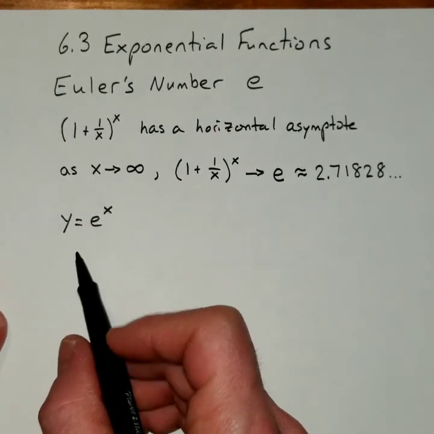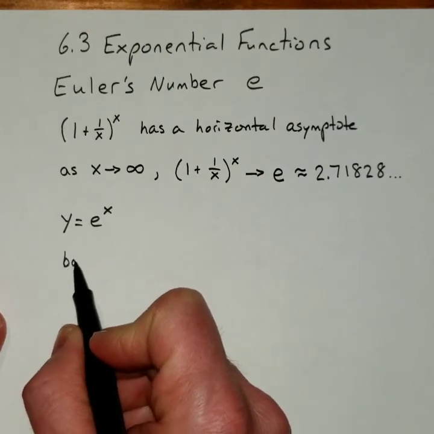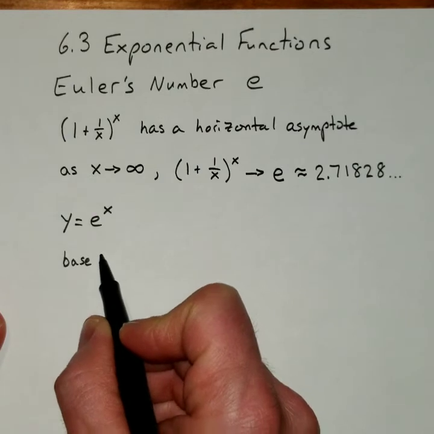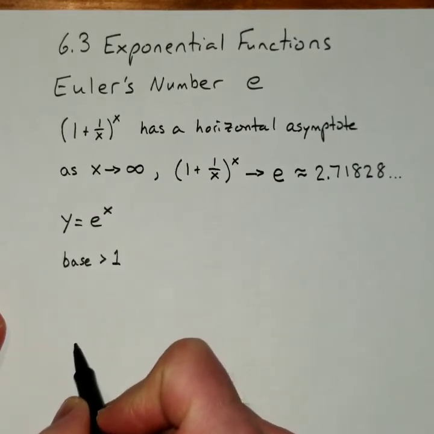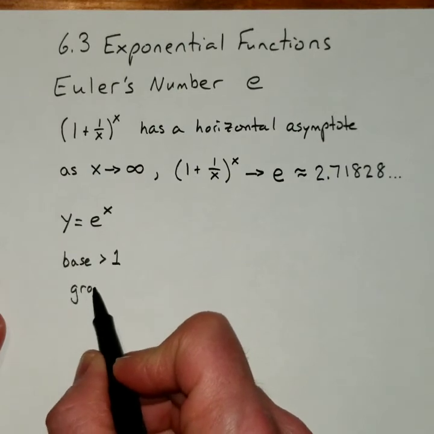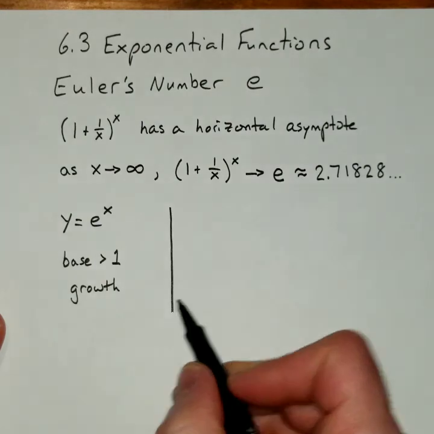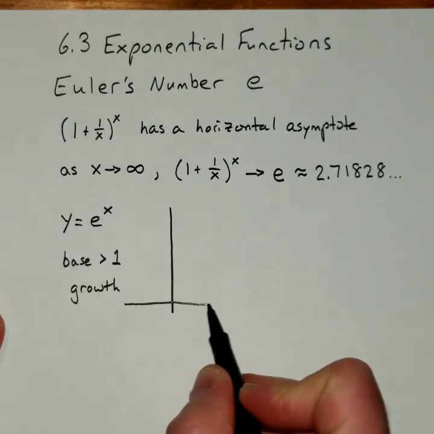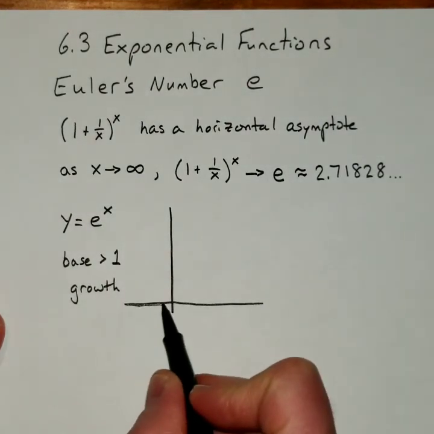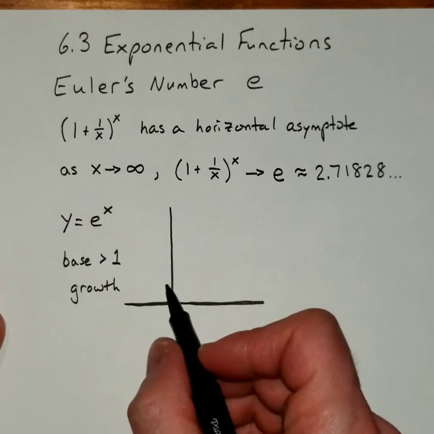And so what I want you to see is that this base, this e value, 2.7 roughly, is bigger than 1. Remember, we talked about the base. If the base is bigger than 1, then we have an exponential growth function. And so this function, when plotted, is going to grow exponentially.